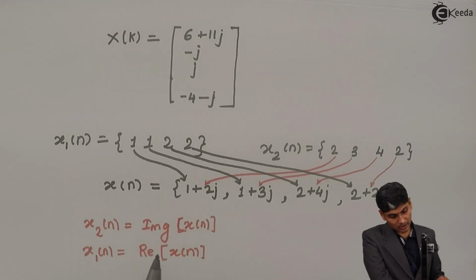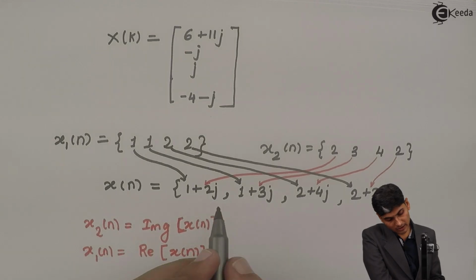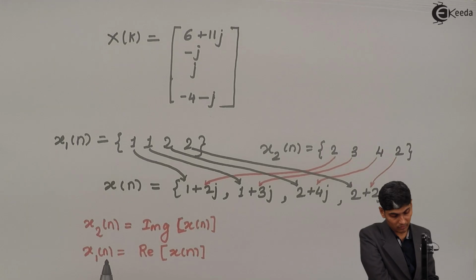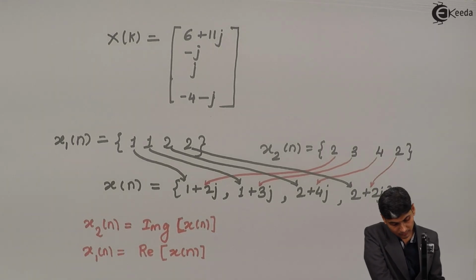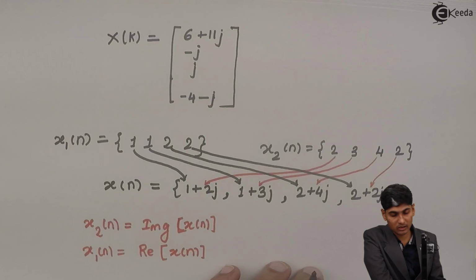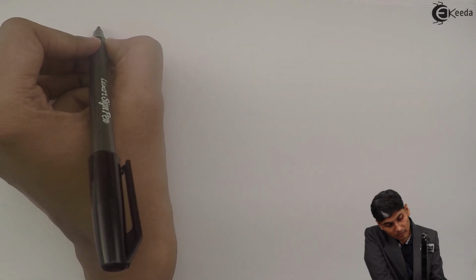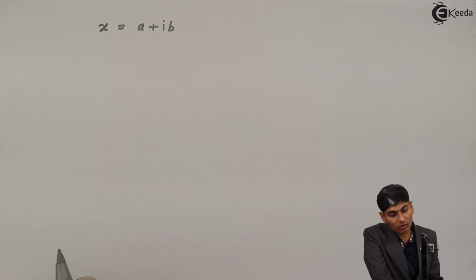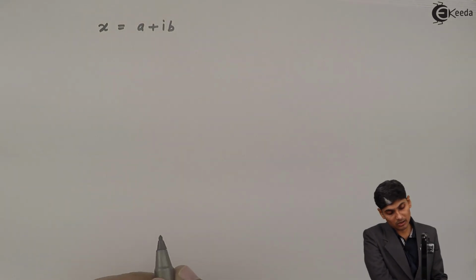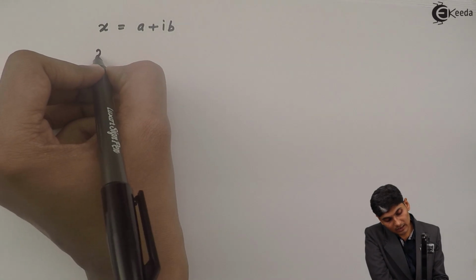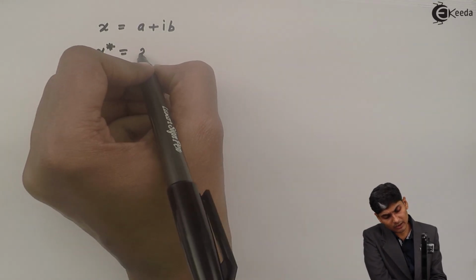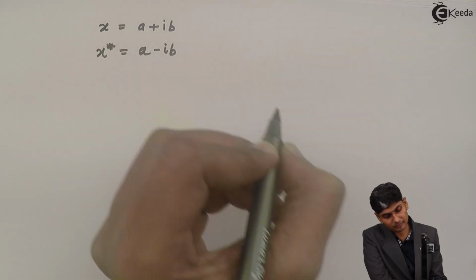So this is how we build the relation of x1 and x2 with x of n. Now how do we separate the real part and imaginary part of x of n? Suppose I have a complex number x equal to a plus ib, and I want to separate the real and imaginary parts a and b. Let us take the conjugate of x, which will give me a minus ib.